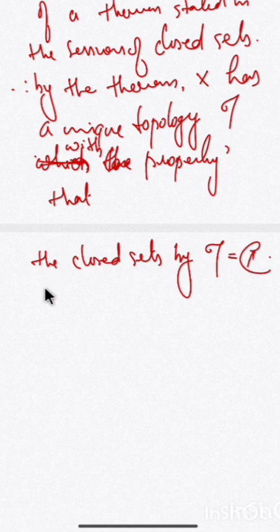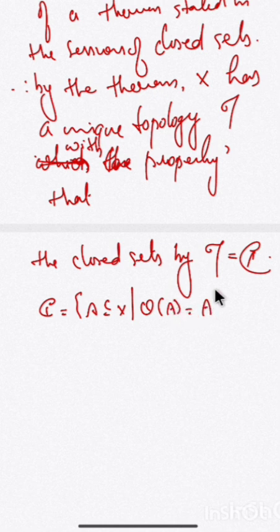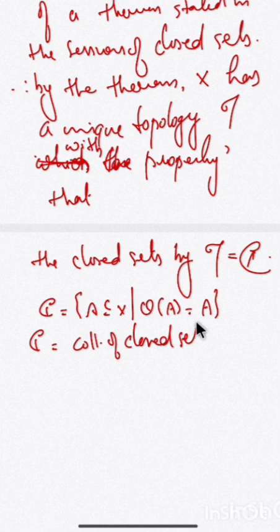And what is our collection C? Collection C consists of the set of all subsets A of X such that theta of A equals A. That means this collection C is nothing but the collection of closed sets by the topology tau.